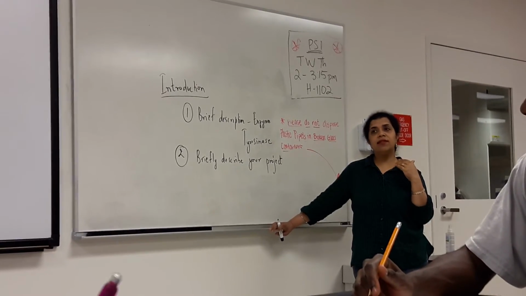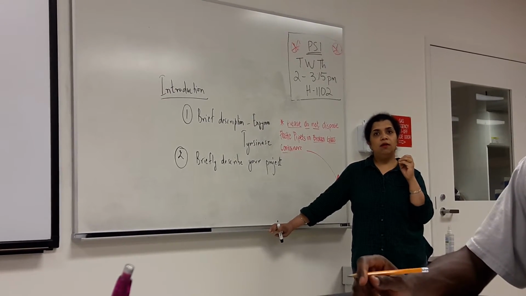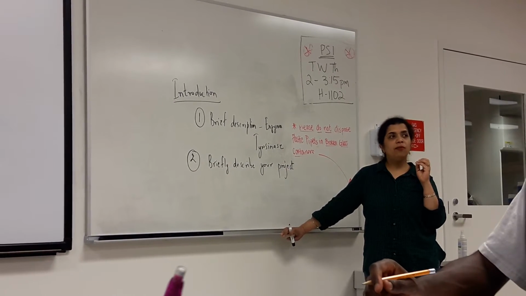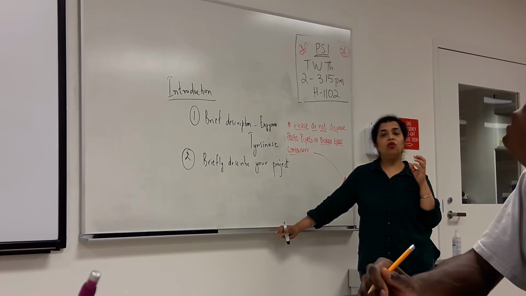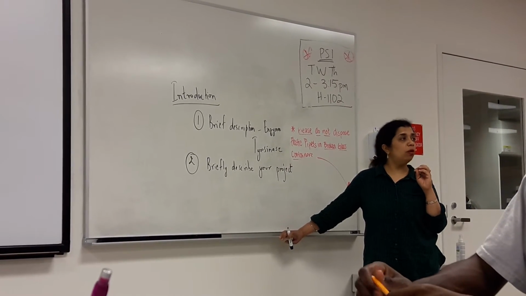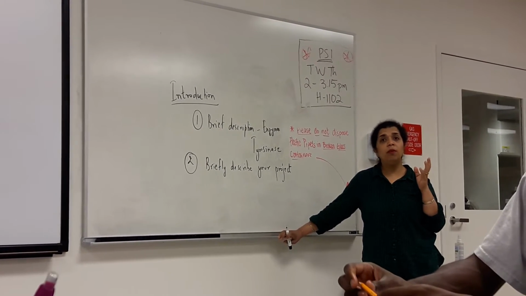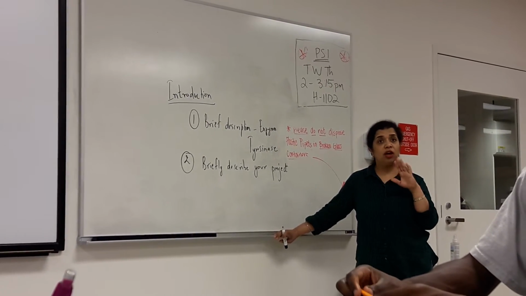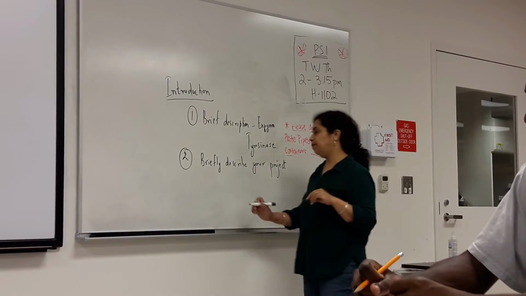You have to write scientifically: the experiment was performed, this much was added, 100 grams of potato was weighed, 100 grams of potato was blended with 100 ml of water, like that. Don't write he did that, I did that. Everything has to be in past tense, because you are reporting the project, and it has already been done. Use past tense to briefly describe your project.